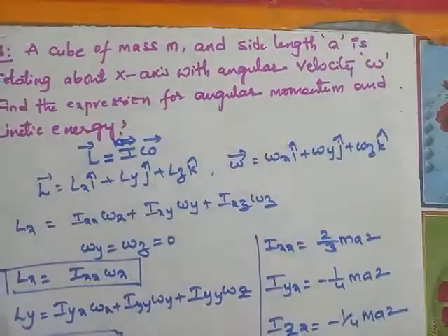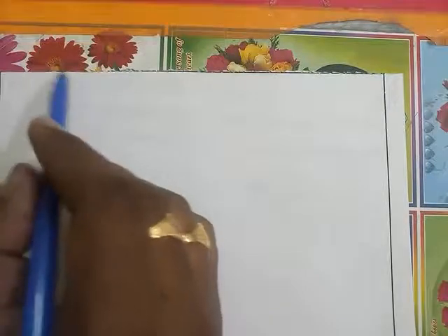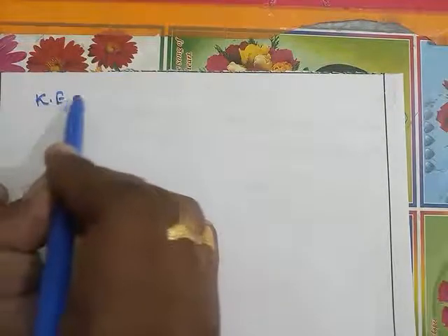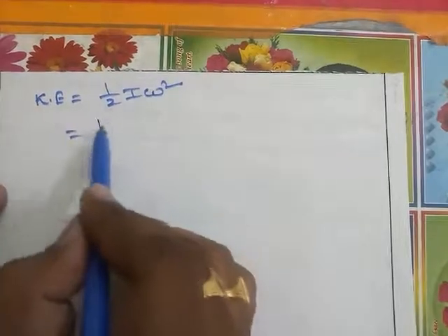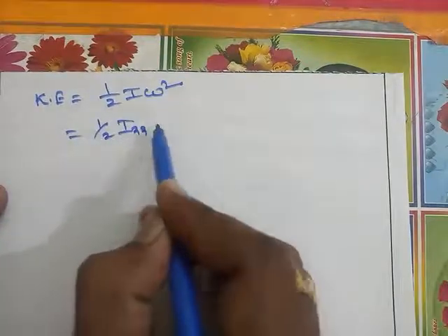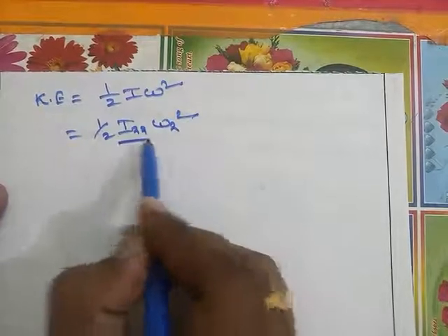Now what about its kinetic energy? Here the cube is rotating around the x-axis. How can we write the kinetic energy of a rotating body? K is equal to half I omega square. Here we'll write 1 by 2 Ixx omega x square. What is Ixx?